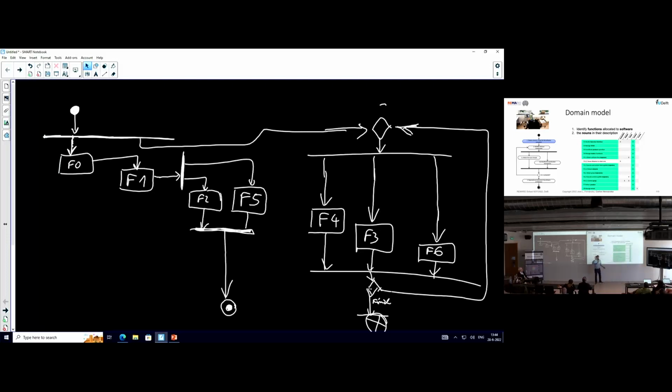And to obtain our domain model, we look for nouns in the definition of those functions. Those nouns become the entities in our domain model, because that's what our software needs to represent, needs to manage, basically. So if we have an operator interface, maybe that's a potential class in our domain model.